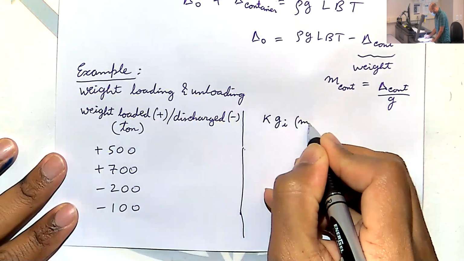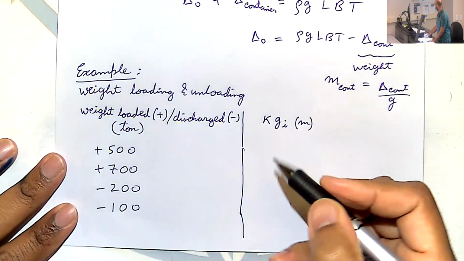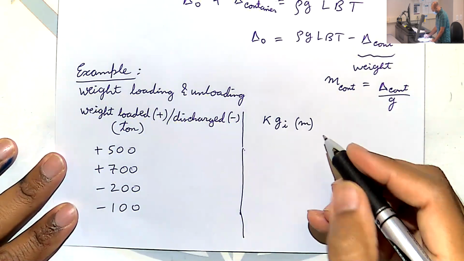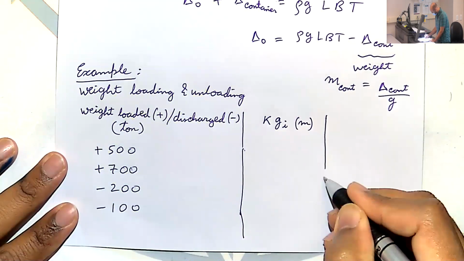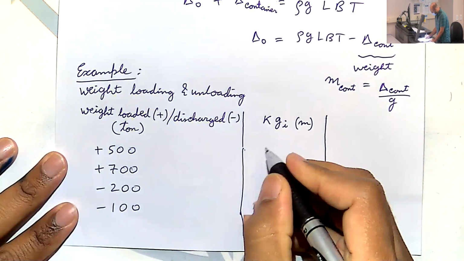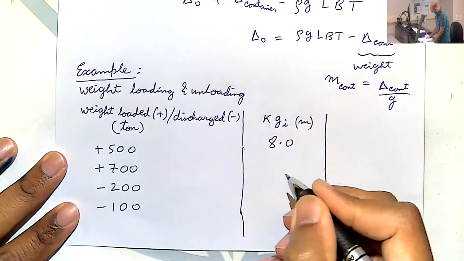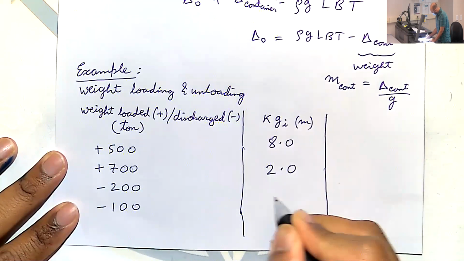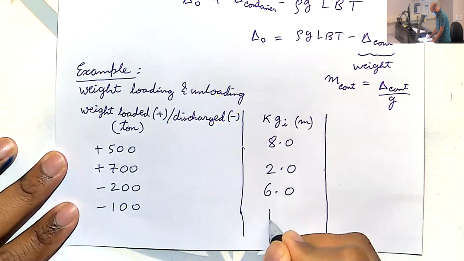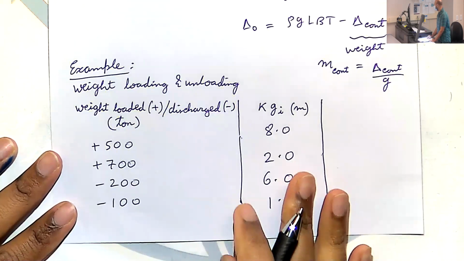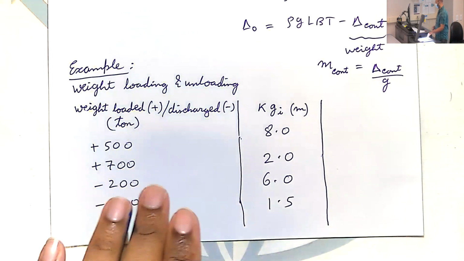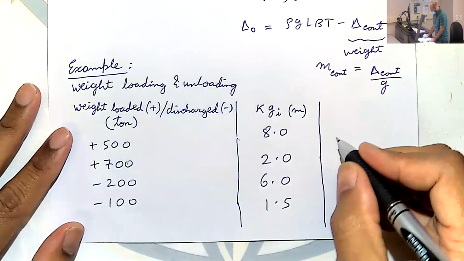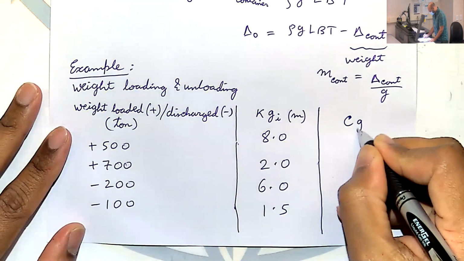And the positions are KGi in meters. Remember, whenever we talk about the Z position, we start at the keel. So this is 8.0, 2.0, 6.0, 1.5. That gives us one of the coordinates. We also need to know the transverse position, so we also need CGi.